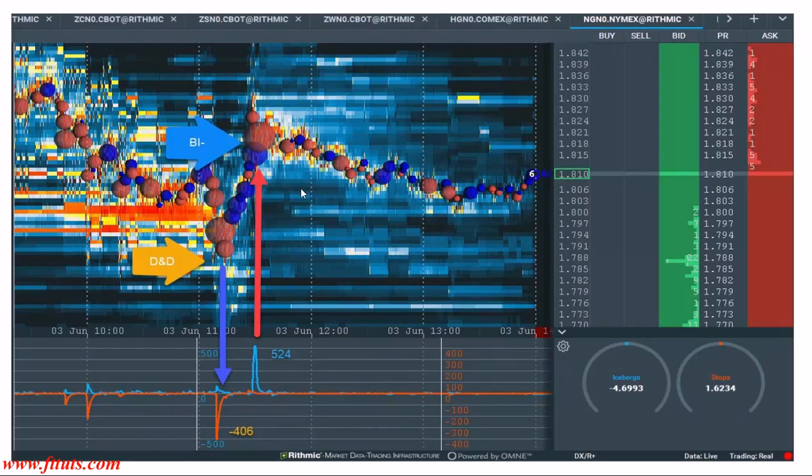So again, this was natural gas, and there's 2 setups here. Obviously we haven't covered breaking ice yet, but once you go back and look at the PDF, once we get through all of these, this will make more sense to you. But right now we're just covering the Dumb and Dumber setup here, which was the puke in natural gas, and this was 406 contracts on the puke, which is a ton in natural gas.